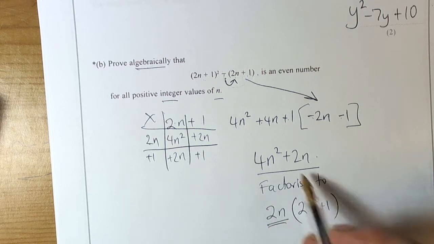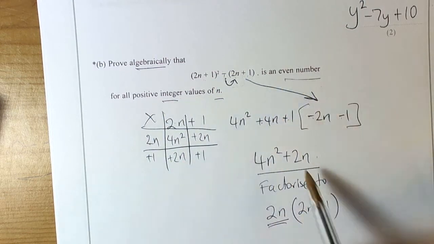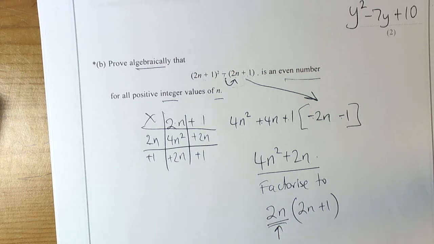Now what we should realise is that this says prove that it's always going to be an even number. So 2n is always even, and even times anything that is an integer, which 2n plus 1 will be, is even too.